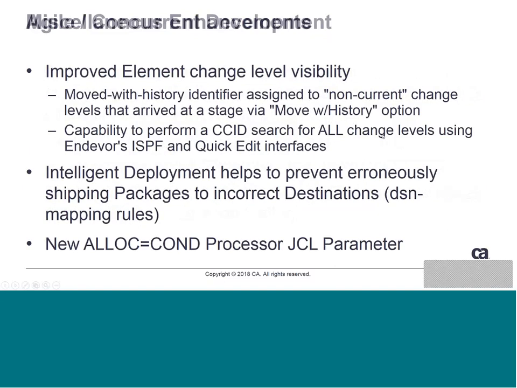Going forward one. We have had some miscellaneous enhancements, and I felt kind of bad calling them miscellaneous because they're actually pretty significant. One of them was a very high runner in the ideation polling, and that was the ability to, it's very difficult to explain, so be patient with me, identify change levels that have been moved to production through sort of a back door, like otherwise move with history.